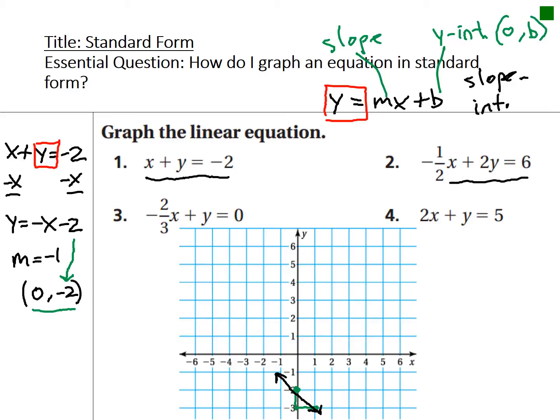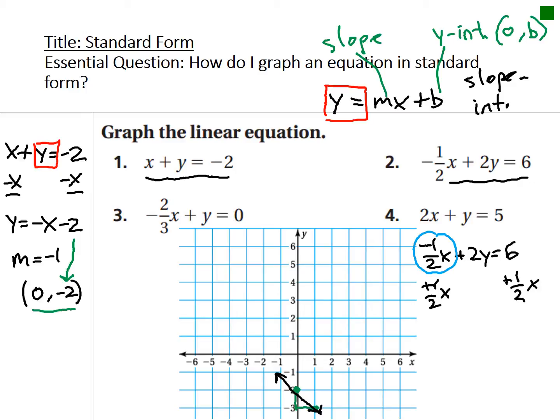We're going to go over to problem number 2 now, and I'm going to rewrite that, and you can do the same in your notes. And you can see that there are a couple extra algebra moves to take care of. First one, let's remove this entire group, this whole term, by addition. Plus 1/2 x and plus 1/2 x.